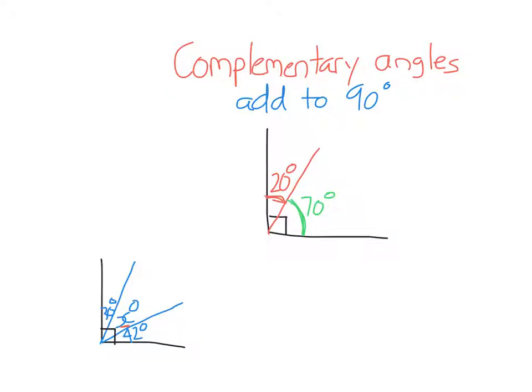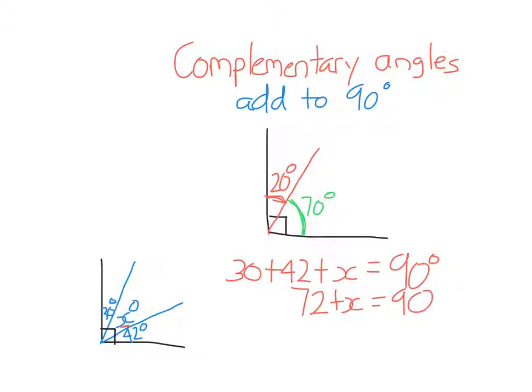Well, once again, we know that we have to add up to 90 degrees. So one angle is 30, another angle is 42, and then when we add this other angle X, we get 90 degrees. 30 plus 42 is 72 degrees. So what would be the value of X? We need to say, what do I add to 72 to get 90?